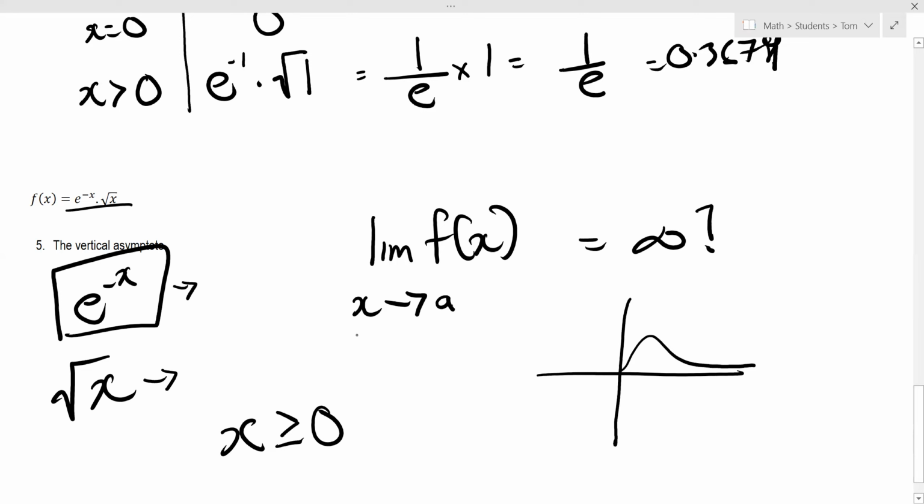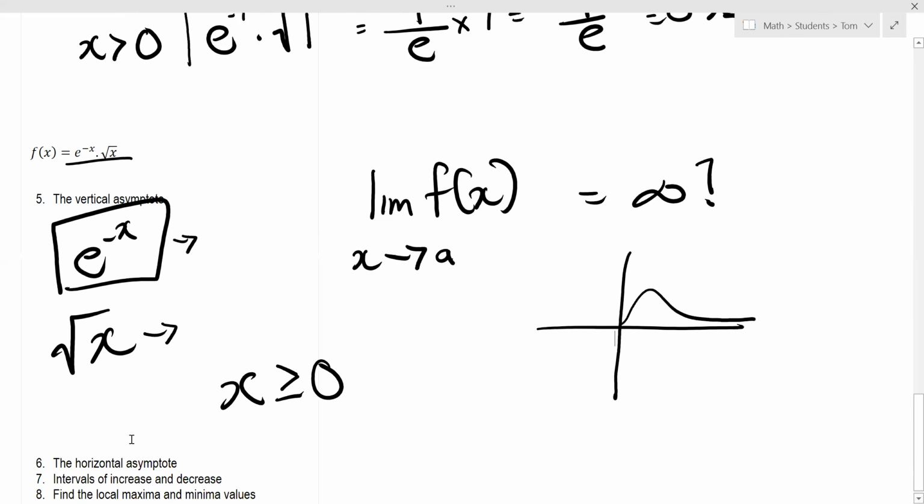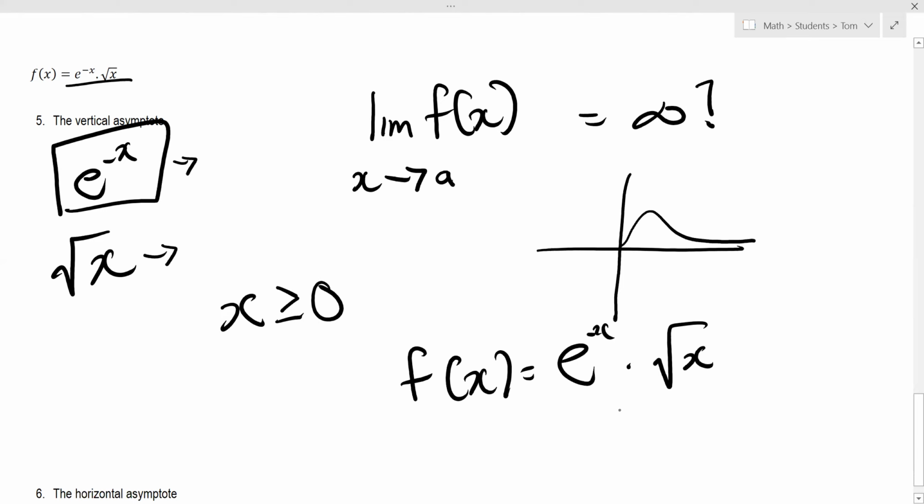So we can say f of x, which is equal to e to the power of negative x dot square root of x, is a continuous function with no vertical asymptotes.